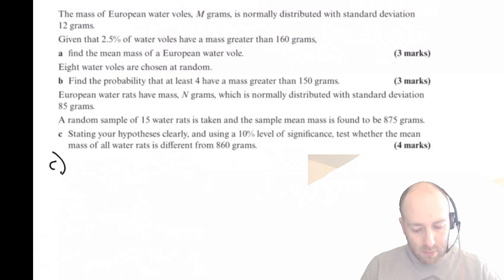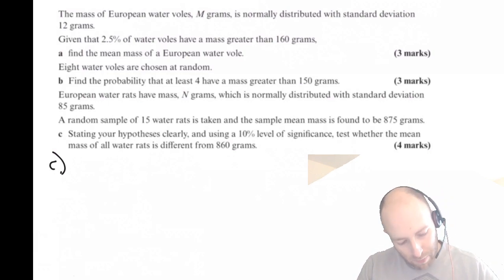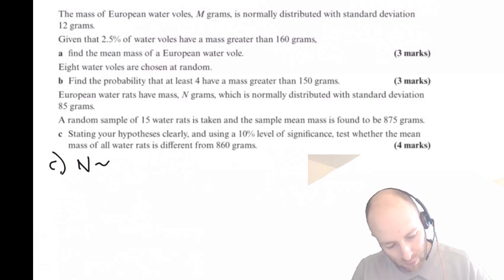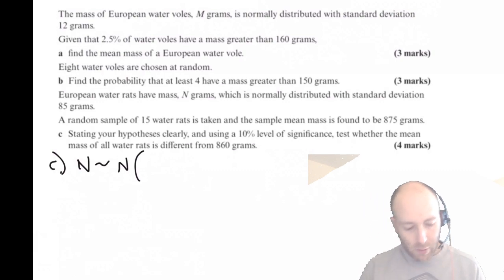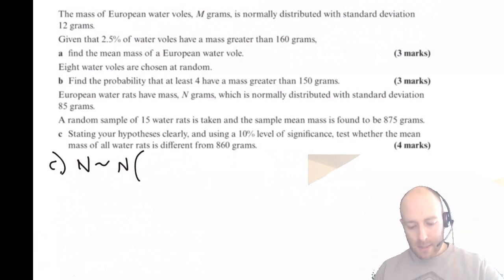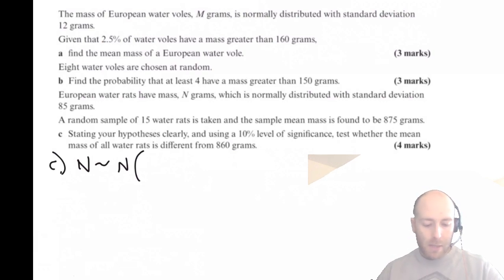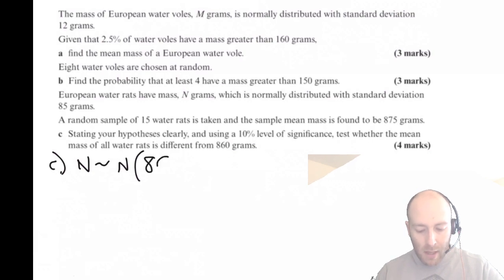So water rats have a mass n, so we're using n is a normal with mean of, okay, so our sample mean is 875. So that's our test statistic. If you keep reading, the mass of all the water rats should be 860. And our standard deviation is 85, so 85 squared there.